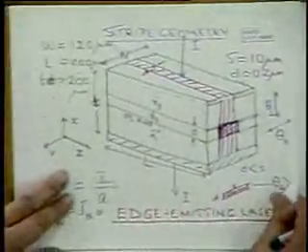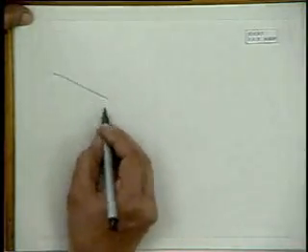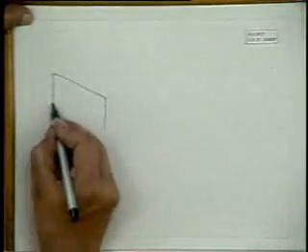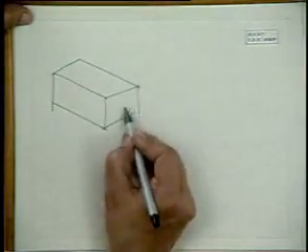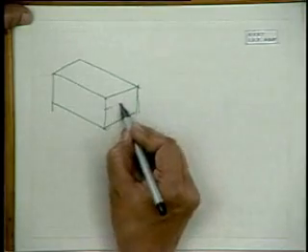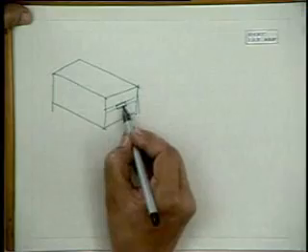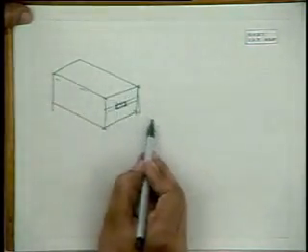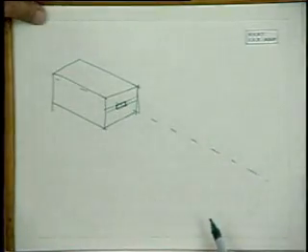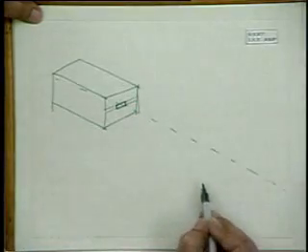Looking at this, if we just sketch, this is the little thin aperture from which the light is coming out, and if I draw this, light is coming out in a sort of a cone.